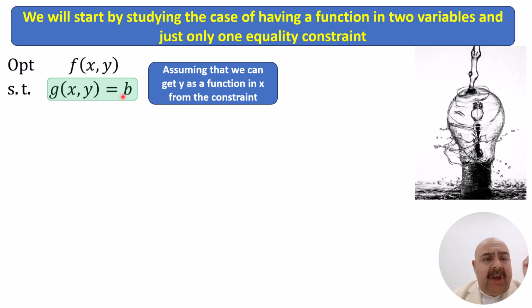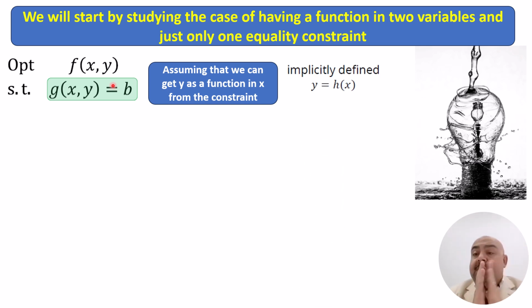Assuming that we can get y as a function of x from this constraint and resubstitute in the main function, this is mainly what's going to happen. Of course, in some situations, it's very difficult to just isolate y out of the constraint function, and we may need the derivative of this function.